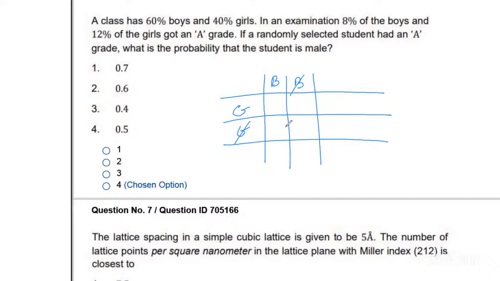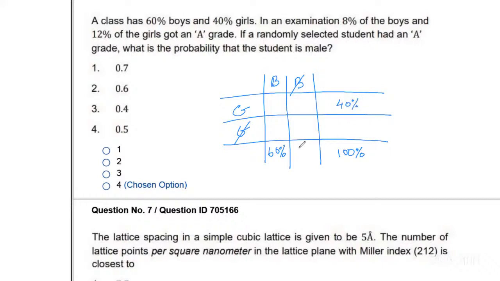Okay. So a class had 60% boys and 40% girls. If I use this as 100%, then 60% boys will be here like that, and 40% girls would be coming here like this.